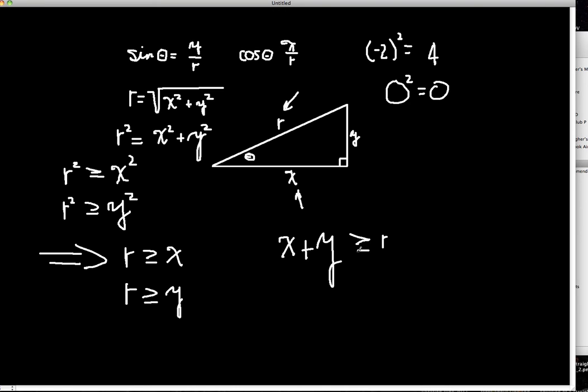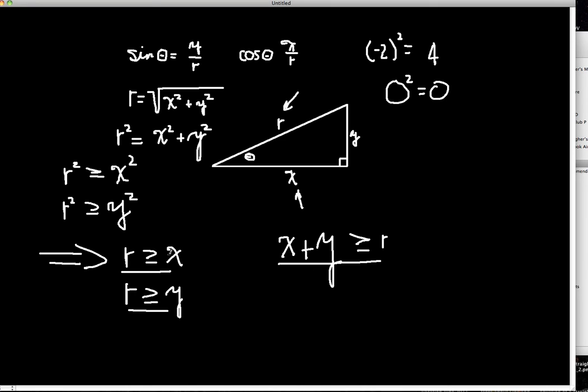And if this is true, okay, so remember this. This is similar to this, but not quite the same. Here we're saying that r is greater than or equal to x, and r is greater than or equal to y, but here we're saying that x plus y is always greater than or equal to r. All three of these statements must be true for any triangle.